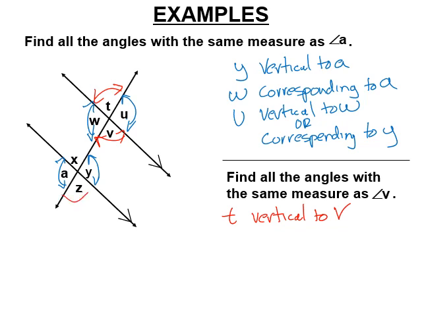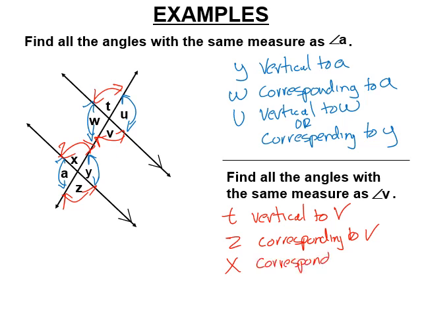And Z, because it's corresponding to V. And then X, because X is either corresponding to T or is vertical to Z, either one is the reason it has to be congruent.